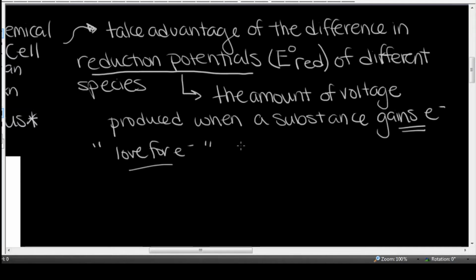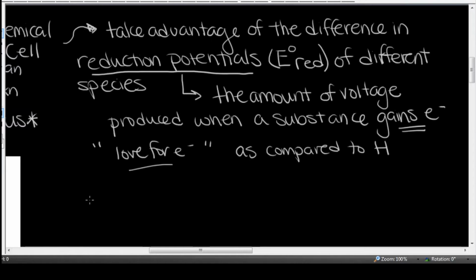Not all reduction potentials are measured against hydrogen, but in this case they are. So gains electrons as compared to hydrogen. So the standard electrode being hydrogen, and we're going to compare how much all of the substances want the electrons compared to how much hydrogen wants electrons.